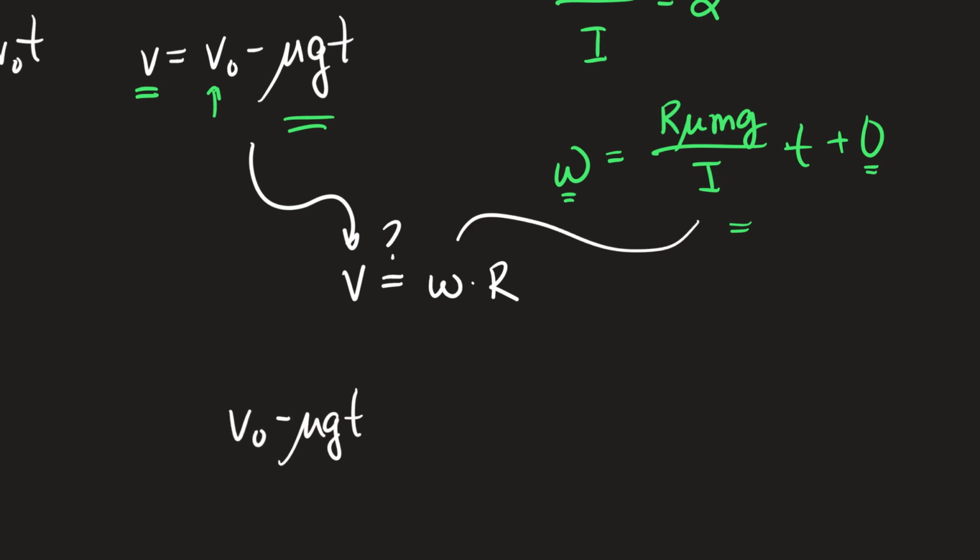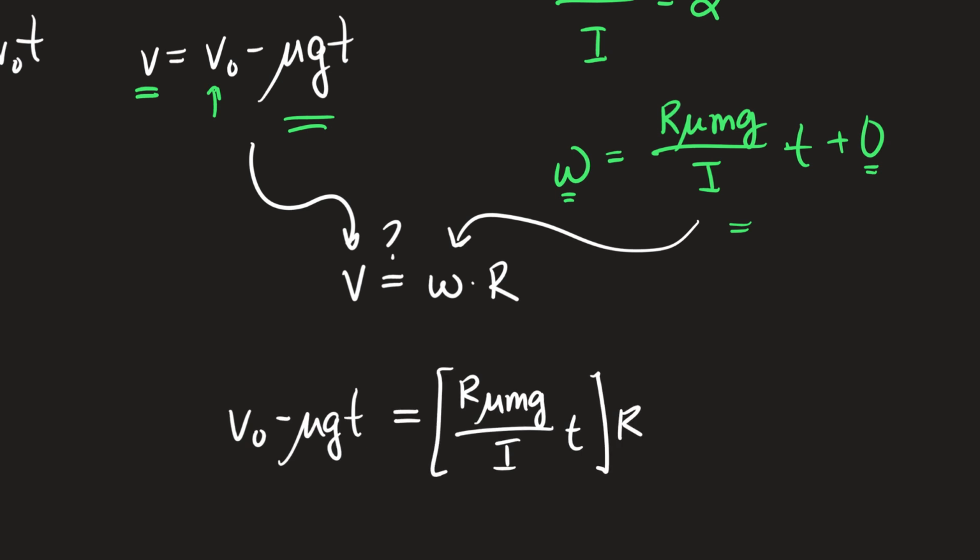We have an expression for the angular speed with respect to time. When are these equal? When they are equal, we're rolling. We're no longer sliding.